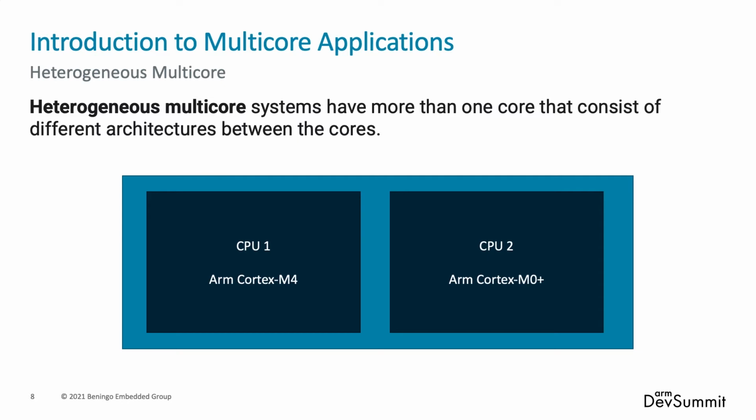Again, there's lots of different applications for this, but you can look at it as the ARM Cortex-M0 Plus being generally a low power, resource constrained core, whereas a Cortex-M4 is usually a high performance type of core. So you can have a rich execution environment in one core, and when you're not doing things, turn that core off, go into low power mode, and still have that ARM Cortex-M0 Plus running, which is designed to run at lower energies and conserve battery life, for example.